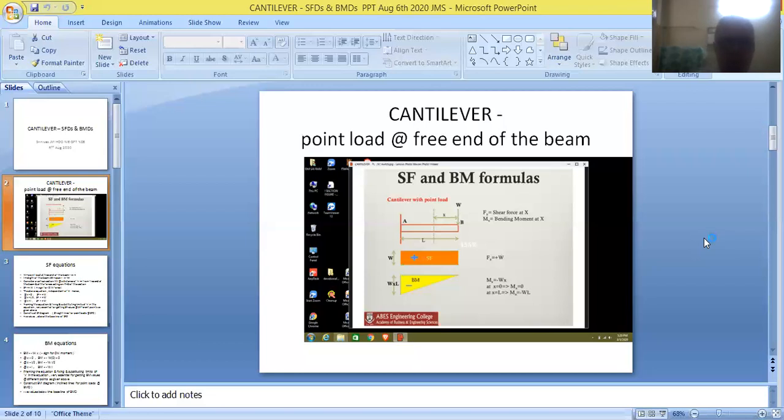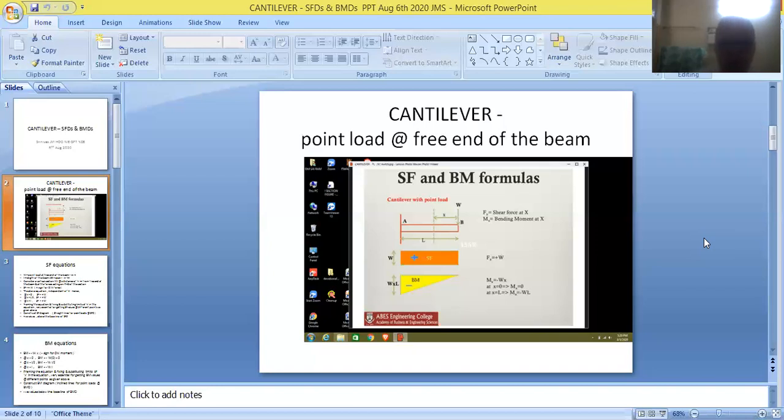Now, this is called the loading diagram. The first diagram is called the loading diagram, the second diagram is called the shear force diagram, and the last one is referred to as the bending moment diagram.